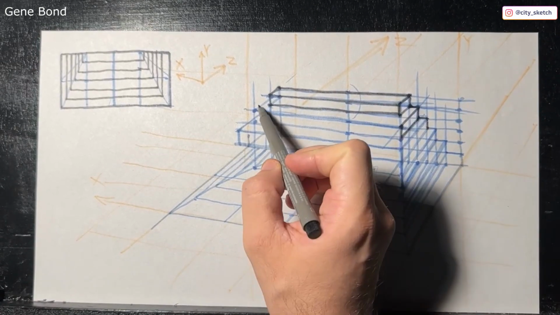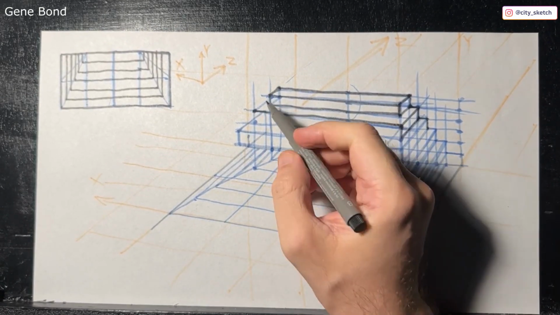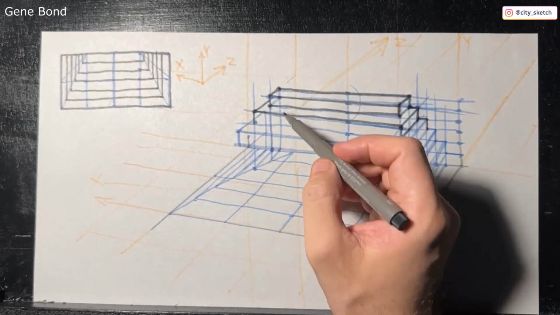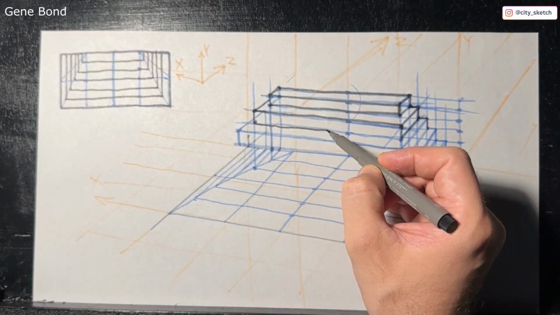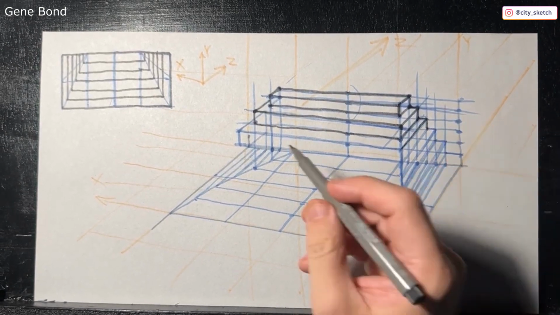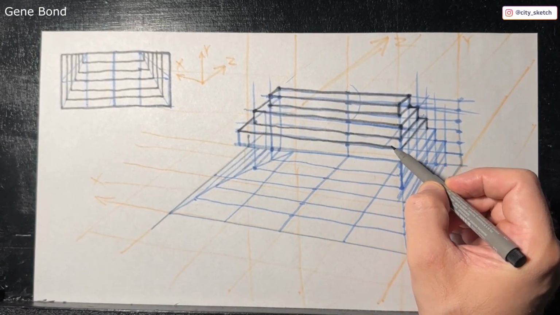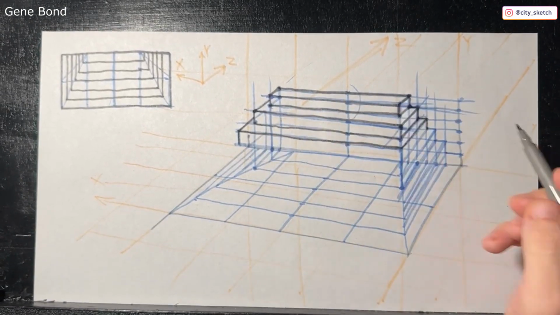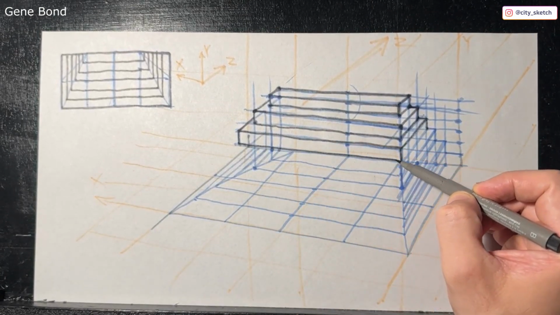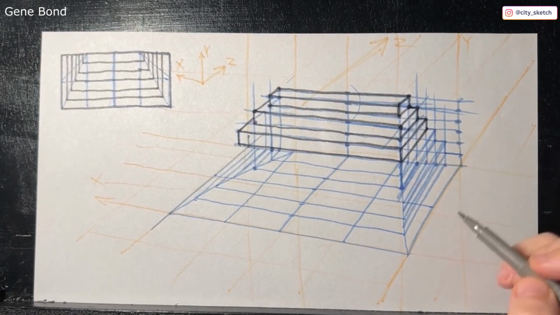So like I always say, principles are very simple, but it's all about application, because when we start to apply these principles to an actual situation, when we draw something in perspective, it just becomes so busy and confusing.